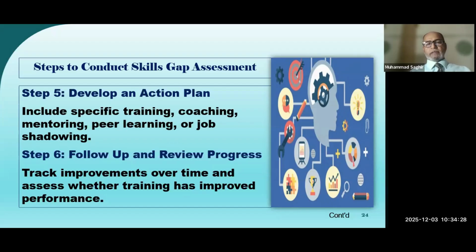Follow up and review progress. Again, track improvements over time and assess whether training has improved performance. That helps you to identify whether the training is helping the team member or the team member still requires some coaching, mentoring, or a session of training.